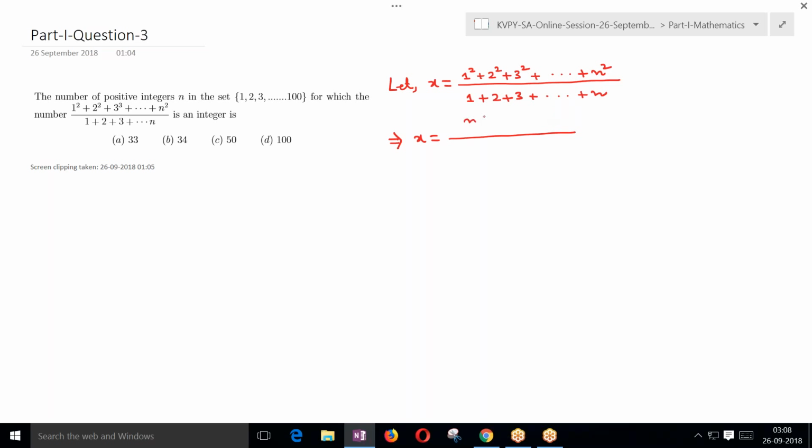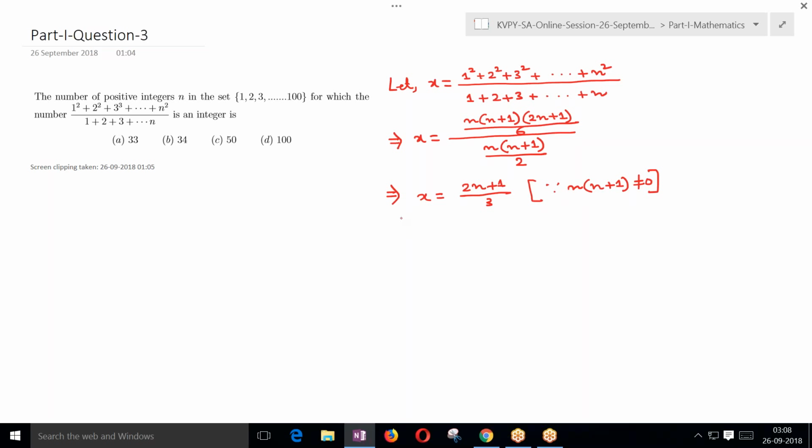There is a formula: this is equal to n into n plus 1 into 2n plus 1 divided by 6, and the denominator is the sum of the first n natural numbers, that is n into n plus 1 by 2. And from here we get x is equal to 2n plus 1 divided by 3, since n into n plus 1 cannot be equal to 0.